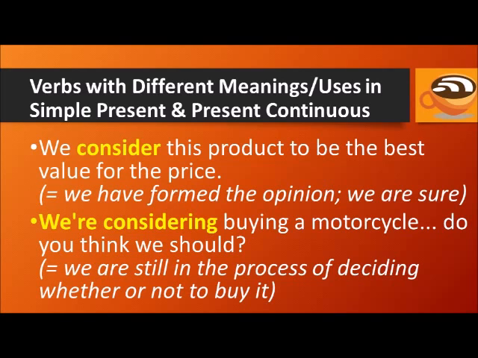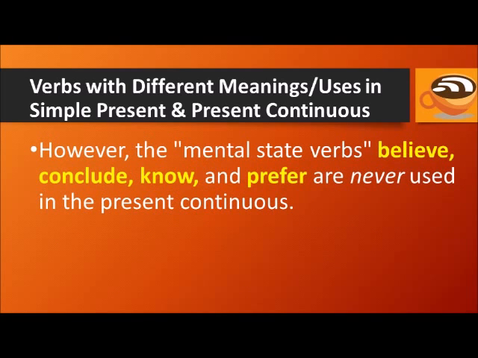But, we are considering buying a motorcycle. Do you think we should? Means we are still in the process of deciding whether or not to buy it. However, the mental state verbs believe, conclude, know, and prefer are never used in the present continuous.